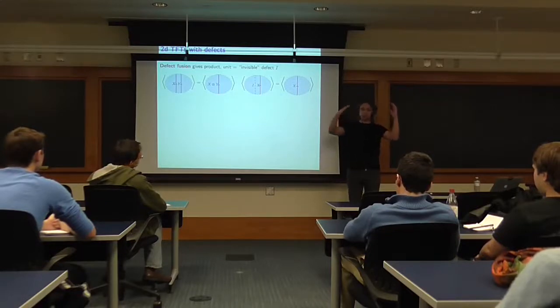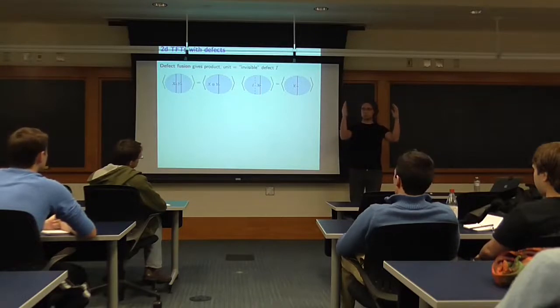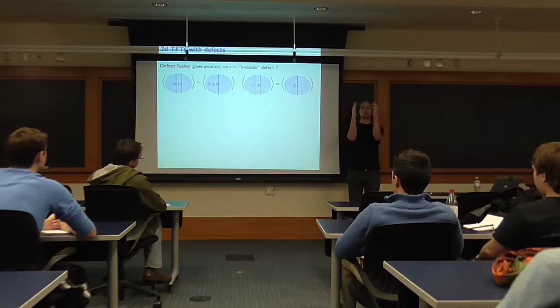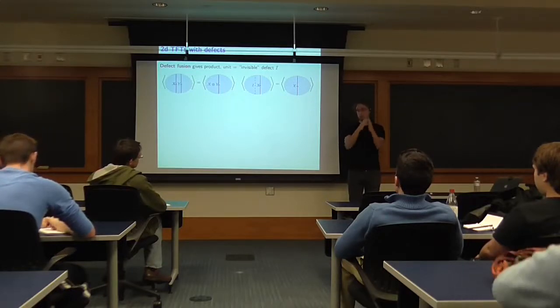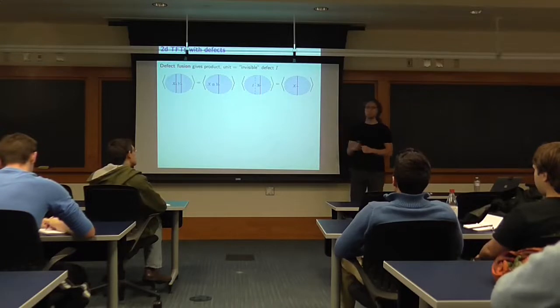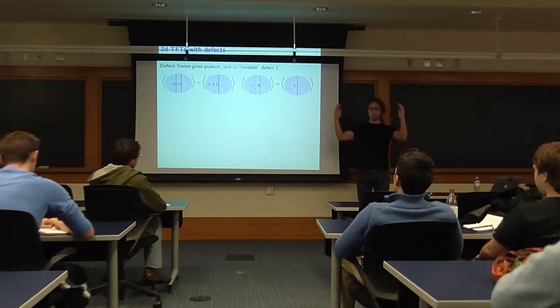Since the precise location of this defect line doesn't matter, as soon as I don't get across the field insertion, I can look at the limit where the two defects approach each other. And since it's a topological field theory, this limit is well defined and non-singular. So you see, you have a sort of product of defect conditions where you just fuse them together.